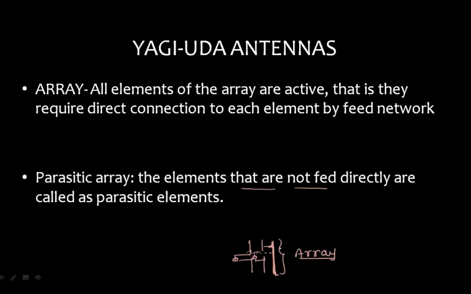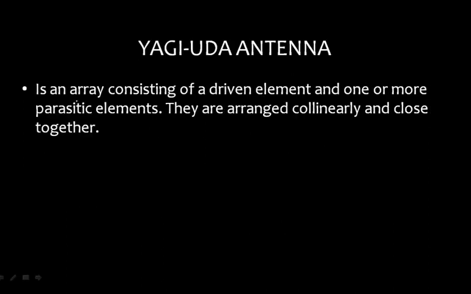So whenever I'm talking about these two things, I'll talk about the active element and the parasitic element. Active elements are given a feed by the feed network, and parasitic elements are not fed directly. Now here we are not discussing the Yagi-Uda antenna with our normal arrays, because the Yagi-Uda antenna, by definition, is an array with only one driven element.